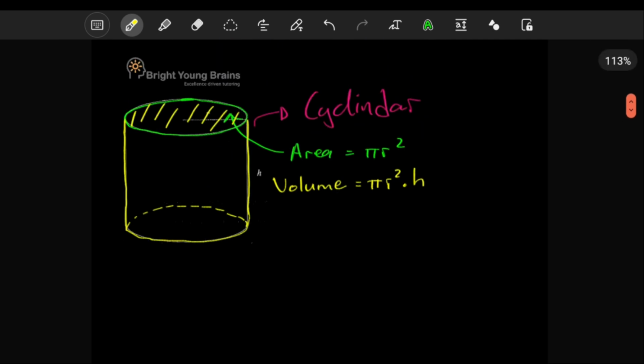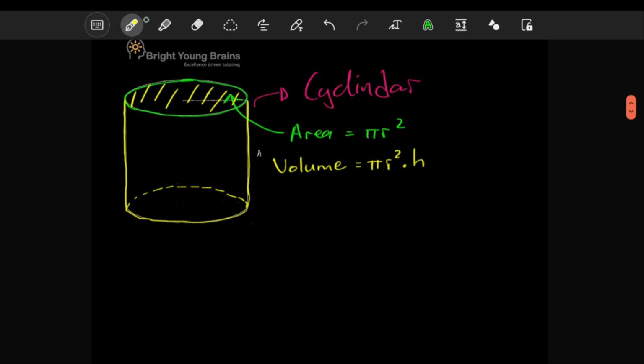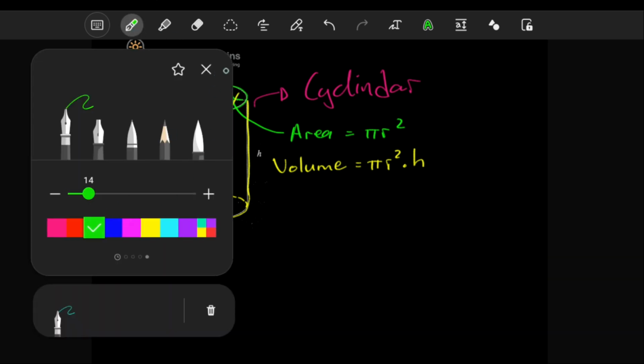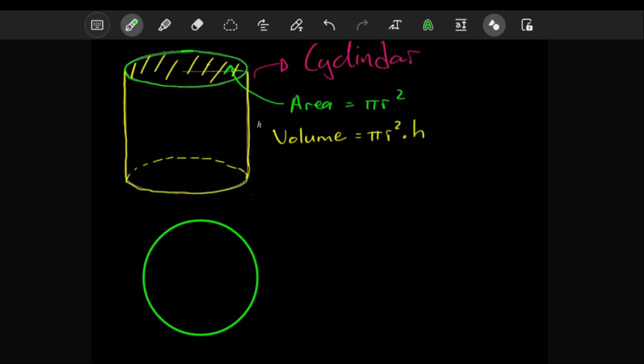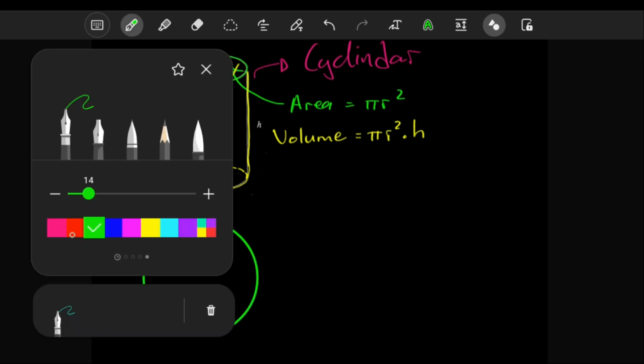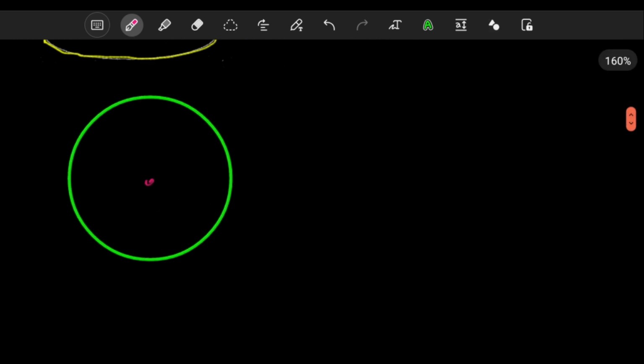Before we carry on and start talking about things like the surface area, what you want to recognize is that the top part is just a circle. And with all circles, what makes a circle is its radius. If you have its radius, you can work out a lot of stuff with regards to this circle.